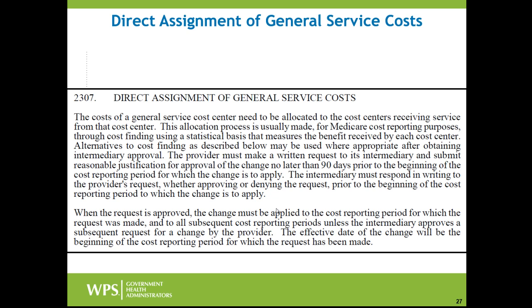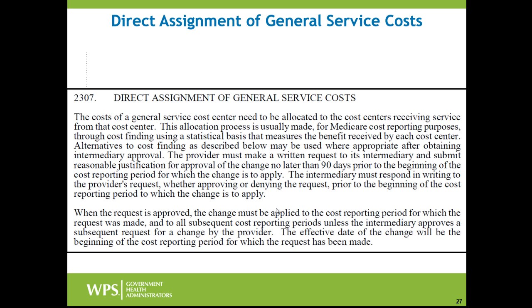So the intro portion to 2307 says that the costs of a general service cost center need to be allocated to the cost centers receiving service from that cost center. The allocation process is usually made for Medicare through cost finding using a statistical basis. We've talked about that up to this point, and alternatives are available if they have proper approval.